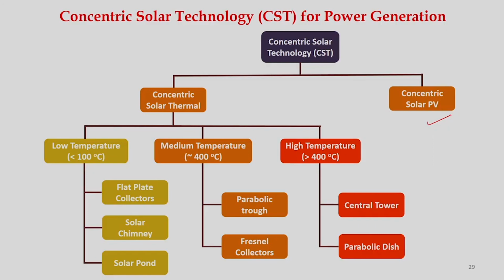And for high temperature applications, we will go for central power tower receiver system and parabolic dish system. So, we can generate electricity by using thermal energy through these routes, and we can generate direct electricity from solar energy by using solar PV technologies.